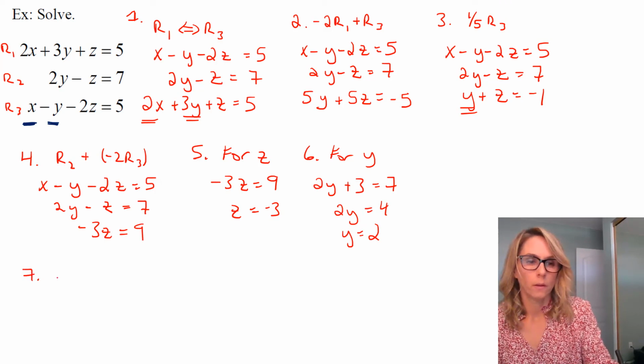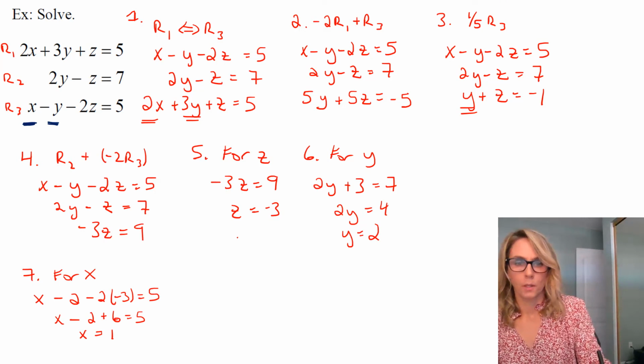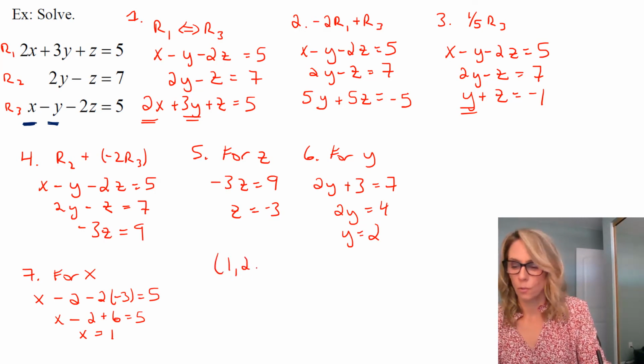And then to solve for x, we have x minus y minus 2z equals 5, or x minus 2 plus 6 equals 5. Let's see, so that'll be 4, and then subtract that, we get 1. So we get the solution 1, 2, negative 3.